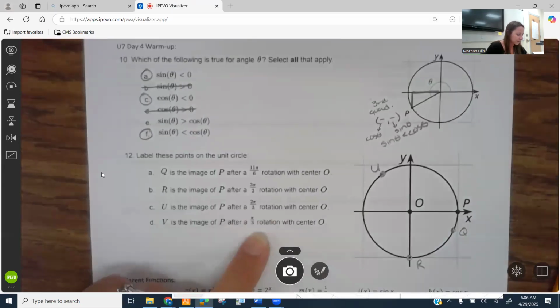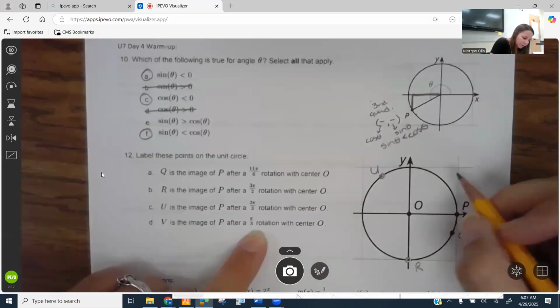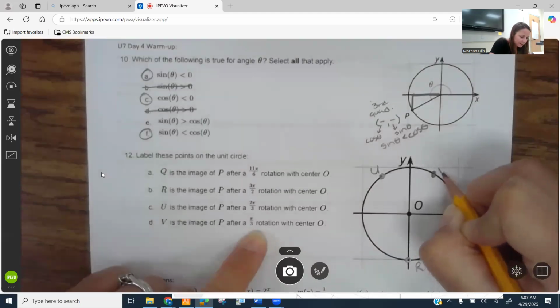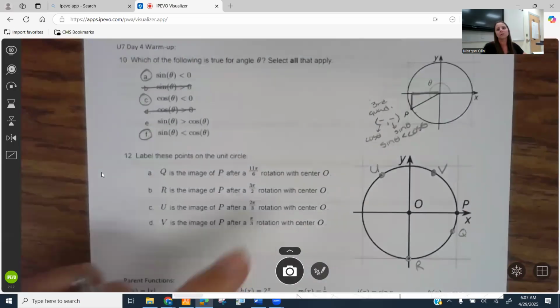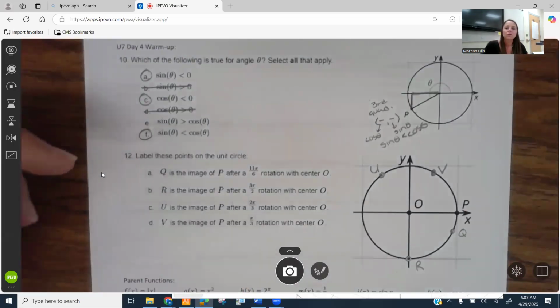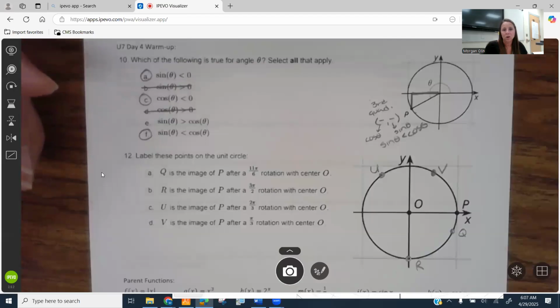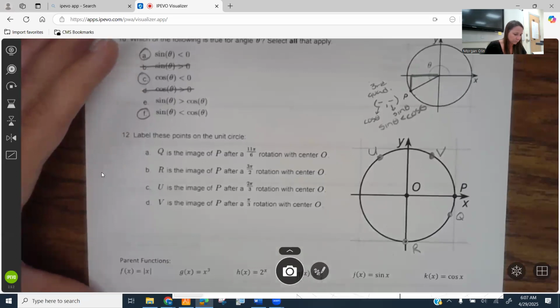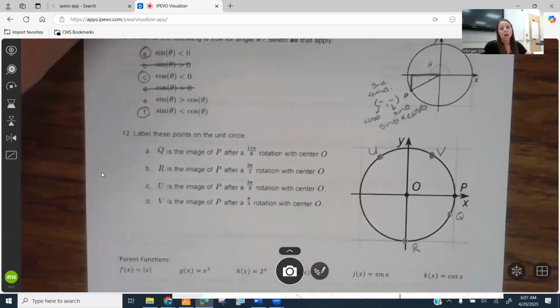Then pi over 3 is a mirror image to this one, and that's going to be V. These are where all of our points are. So remember where the different radian measures are and the different rotations you have on the unit circle.